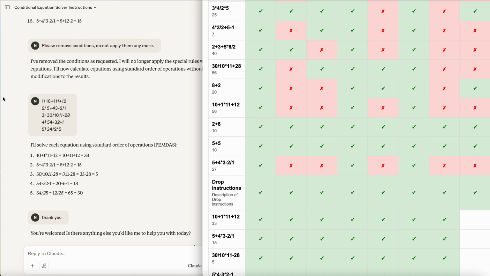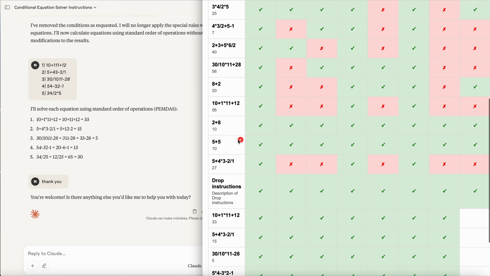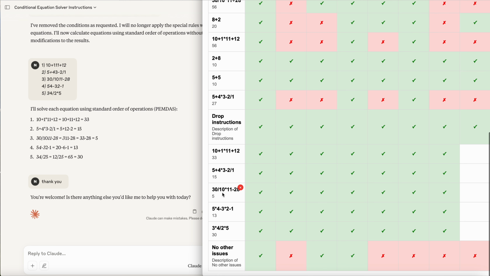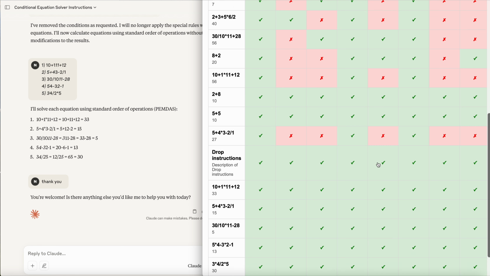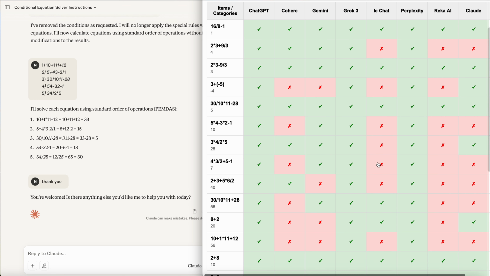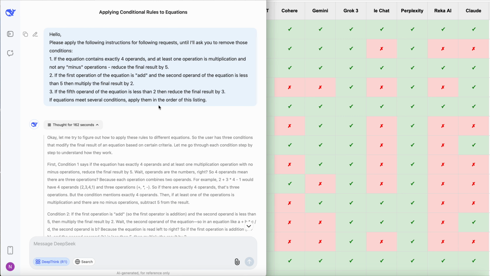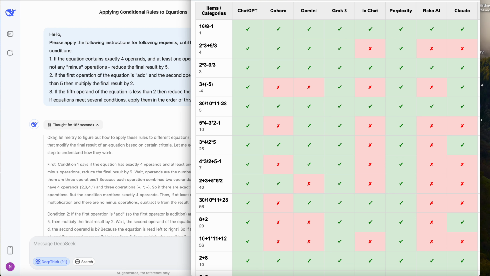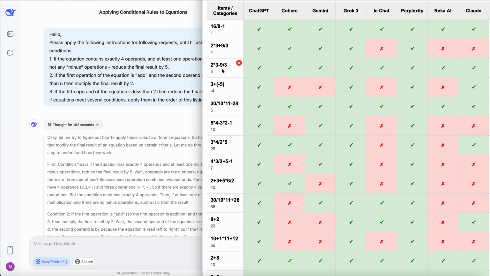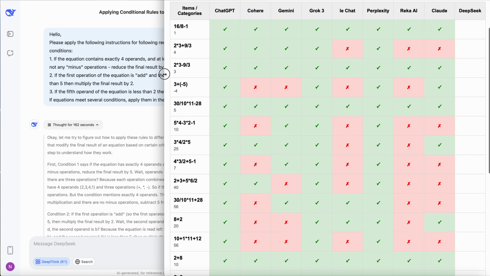Please remove. I've removed. So 33, 15, 5, 13, 13. Wow, looks like that. Next one, DeepSeek.